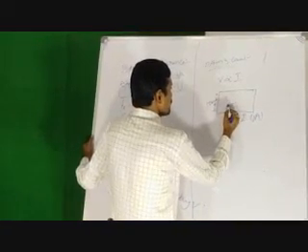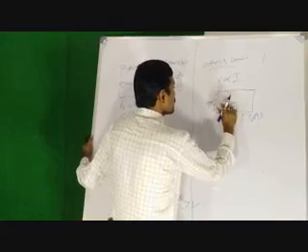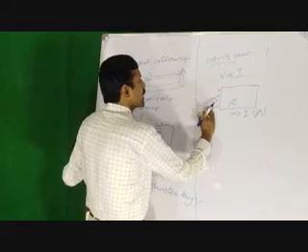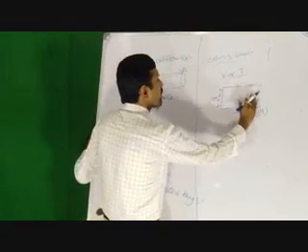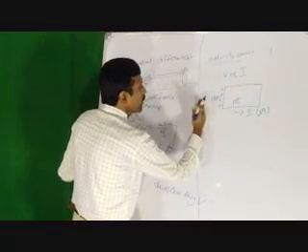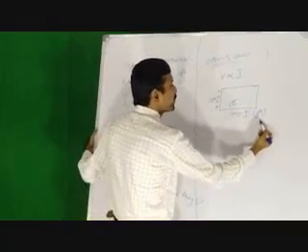If there are more positive charges at this side, more electrons move towards the positive charge, and then we get 1 ampere.